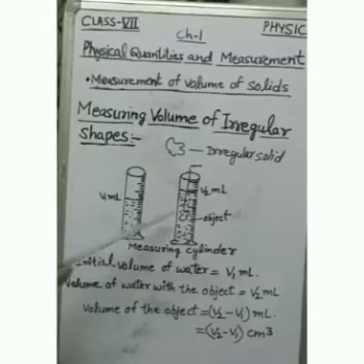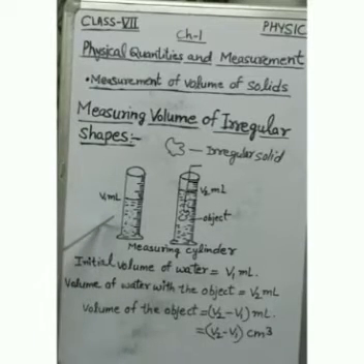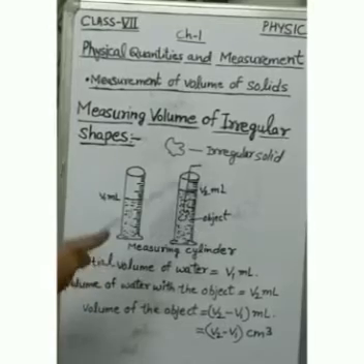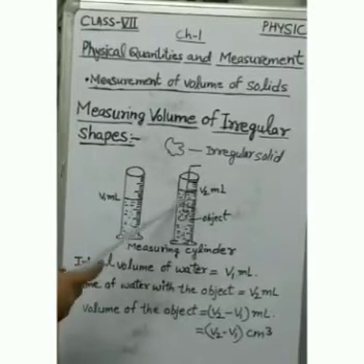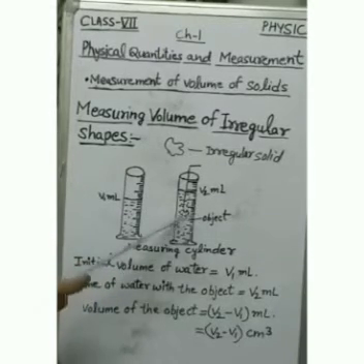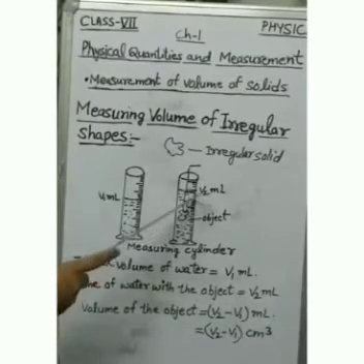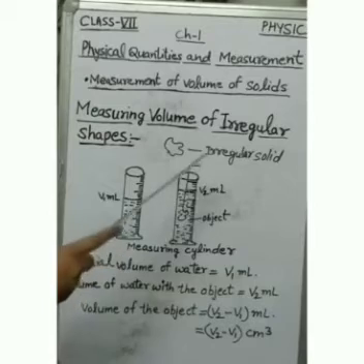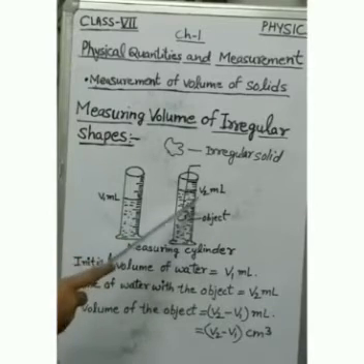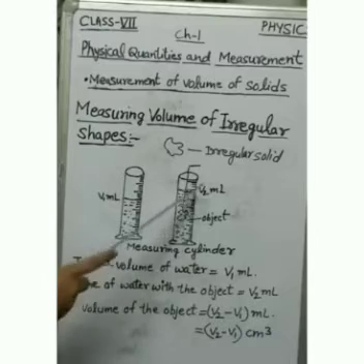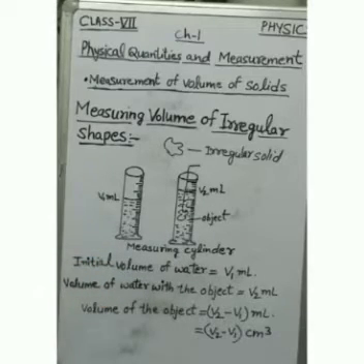So suppose it is V1 milliliter. Now we will gradually suspend the irregular shaped solid in the water so that it is completely immersed in water, but does not touch the walls of the cylinder.